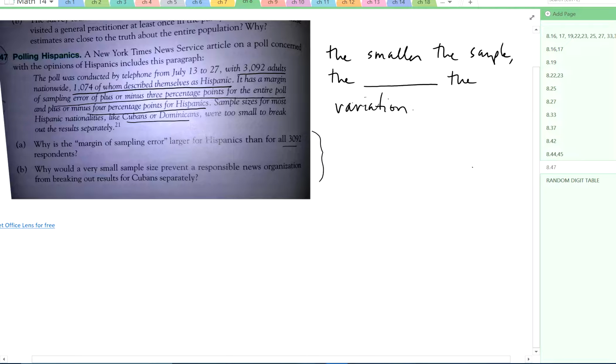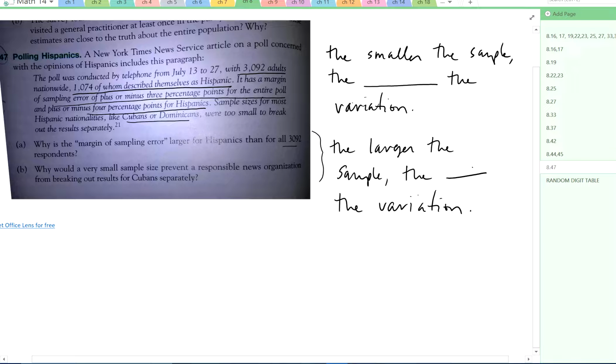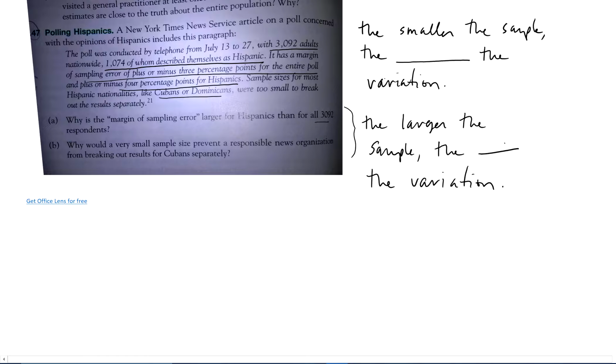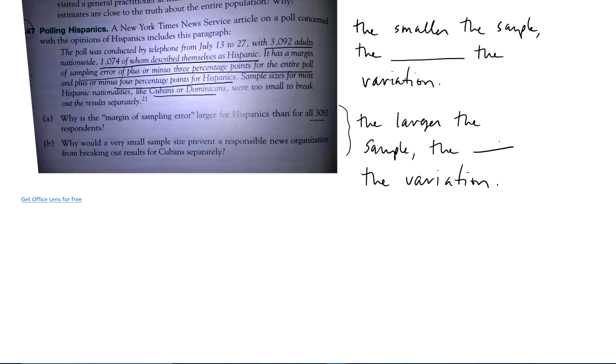I want you to think about: the larger the sample, blank. Okay, so we're going to answer that in just a second here. Suppose I'm asking about favoring a political candidate, candidate A or B.